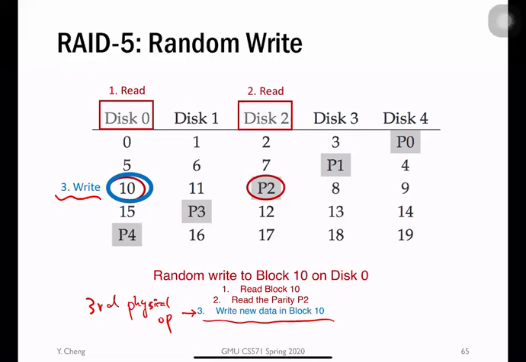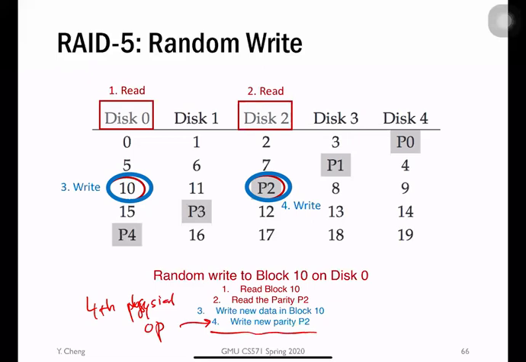Because we're talking about RAID-5, and data chunk 10's parity chunk is stored under disk 2. So here we're talking about disk 2. So that translated into the fourth physical operation, okay? Which is to update the new parity onto the disk, which is disk number 2.